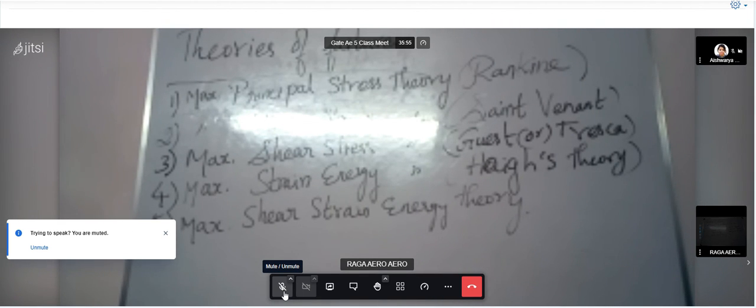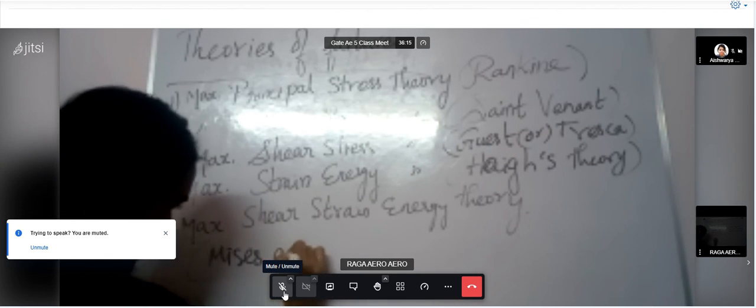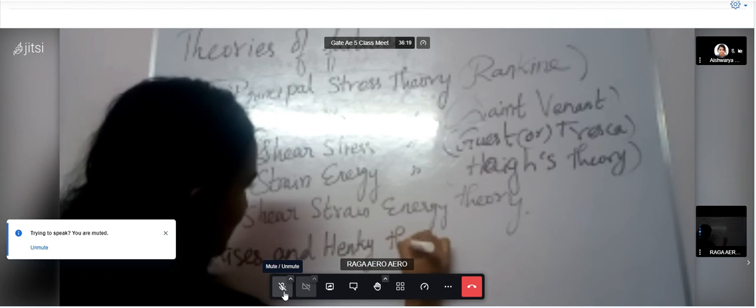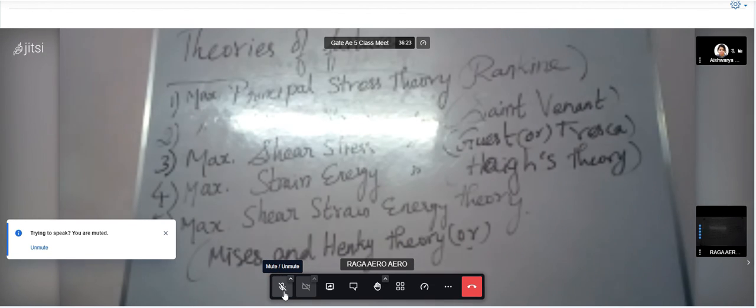Next, the maximum shear strain energy theory. This is the last failure theory, otherwise called Von Mises and Hencky theory, or otherwise called the energy of distortion theory.